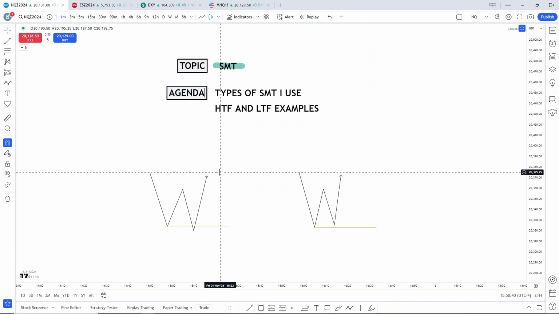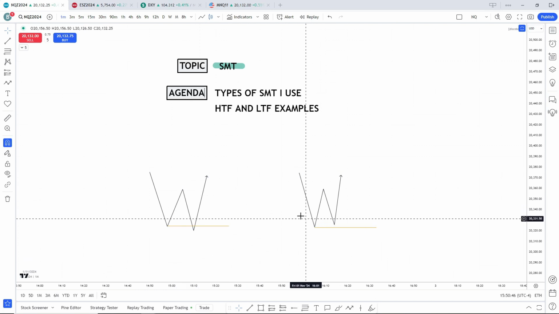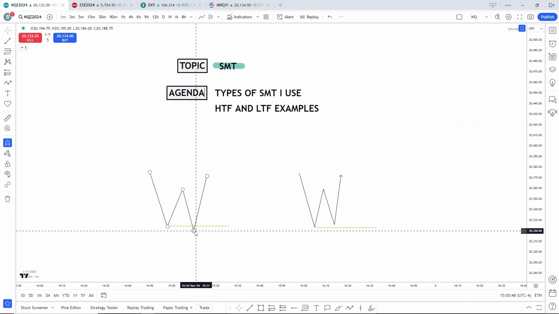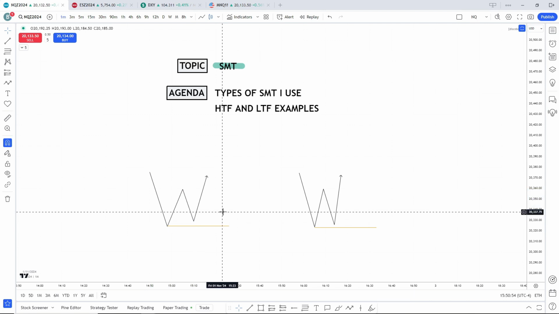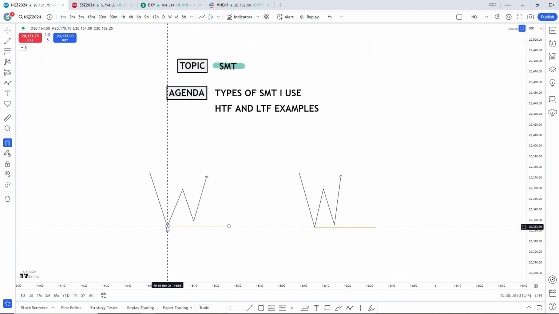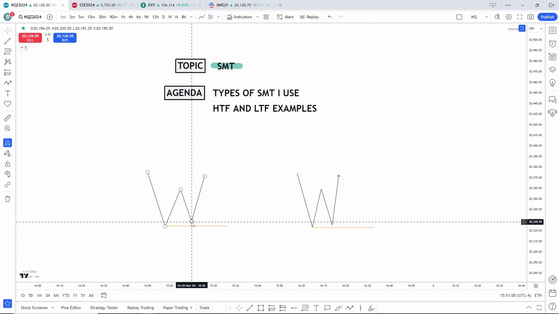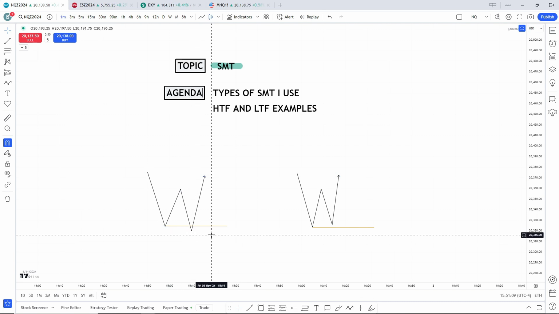Now, why is it important? Well, if we understand that NQ and the E-mini S&P, or ES, are correlated assets, one would anticipate and expect that they should both take specific highs and lows. Now, if one does and one doesn't, creating SMT, what about that is significant?